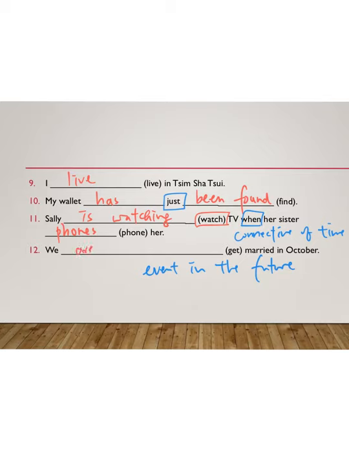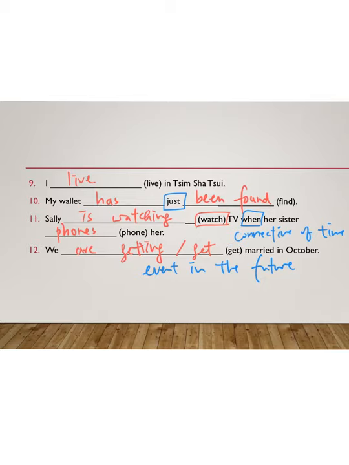So we are getting married in October. Or you can also use simple present tense to talk about a scheduled event in the future. And that's why it's also okay: we get married in October. It's okay too.